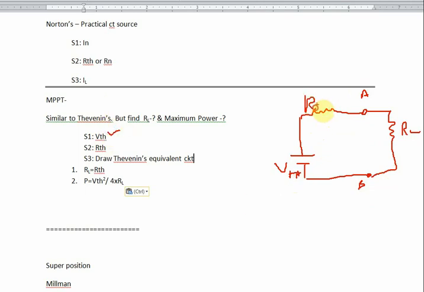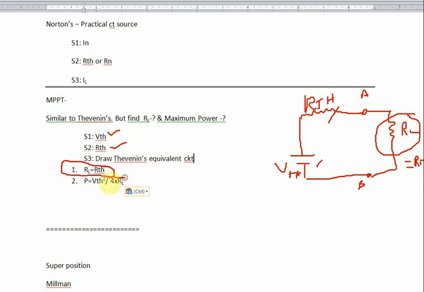This is RTH. In step number two you found the RTH value, and you substitute that. Then the RL value, is it given in the problem? They didn't give it. They never give you RL. Then what to do? RL is equal to RTH. That's all. You simply write it equal to RTH.